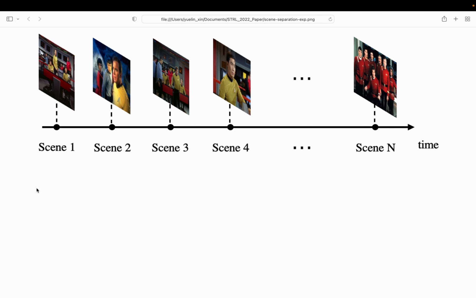For example, in scene 1, we see Kirk and his crew on the bridge of the Enterprise. So this is what we get out of scene 1. And out of scene 2, we can also give a very specific semantic interpretation, and it is also the same with scene 3, scene 4, and scene N.